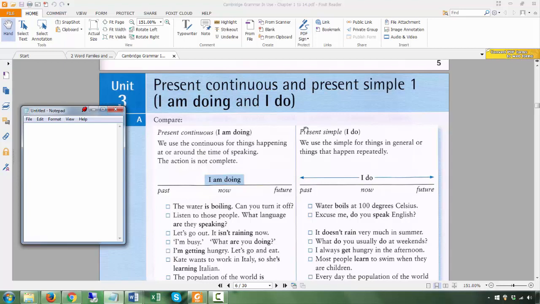But here it gets even more challenging. Not only do you need to use the correct form, but you need to make sure you're choosing the correct tense. You need to know the difference. Why am I using the present simple? Why am I using the present continuous? Am I using it correctly? You need to analyze, and so you need to do 2 things.